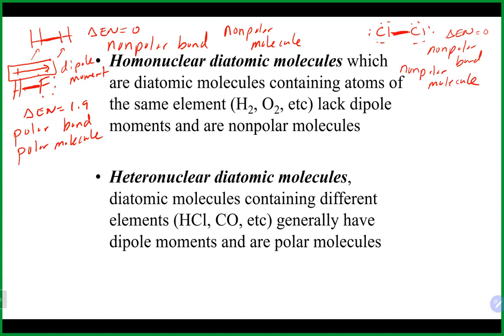Now, if everything was that easy, that would be great, but it's not. So it does get a little bit more complicated when you have a molecule that has 3 or more atoms involved. So when you have a molecule that is 3 or more atoms, you have to look at 2 things. You have to look at, first off, are there polar bonds? So obviously, very simply, if the answer is no, there are no polar bonds, then the molecule is going to be nonpolar.